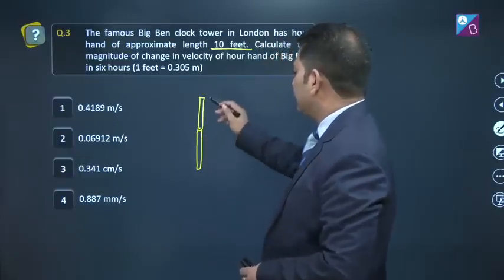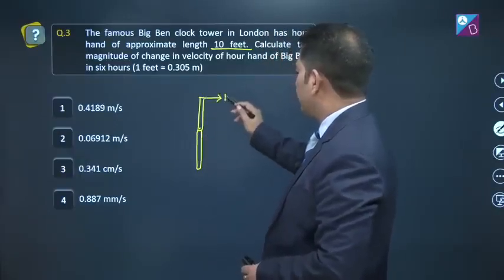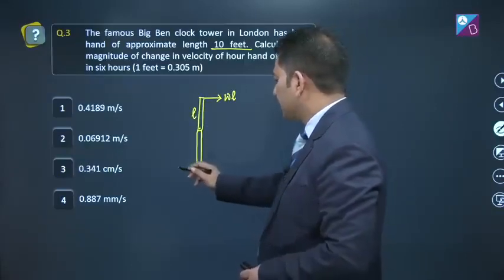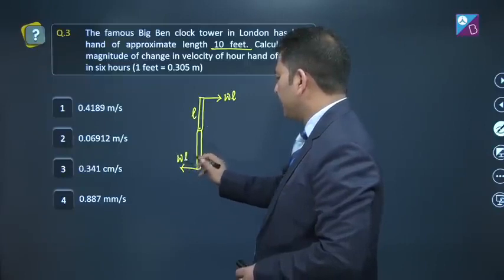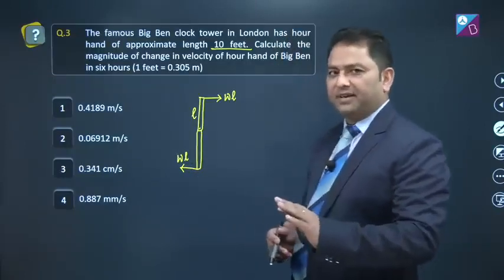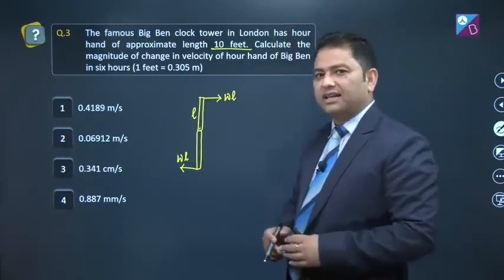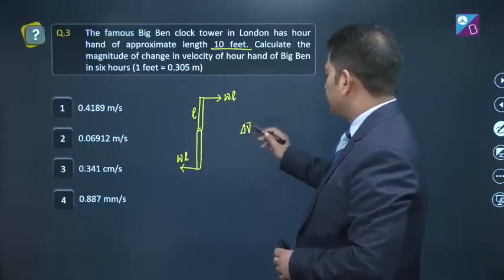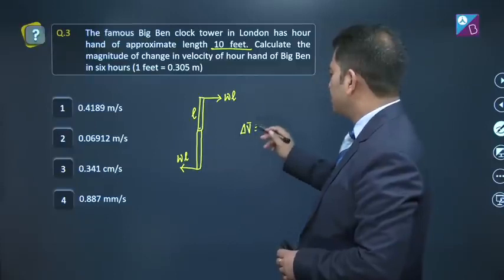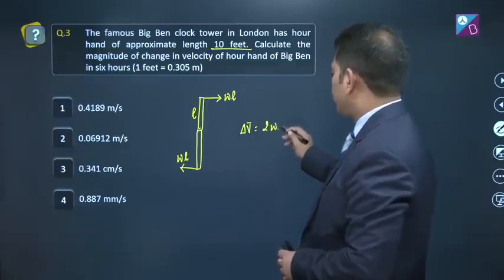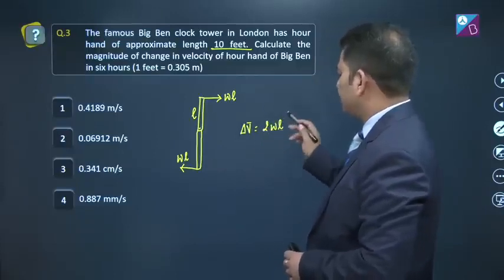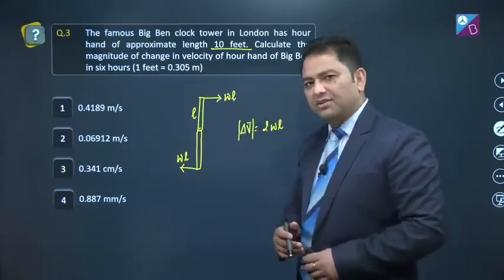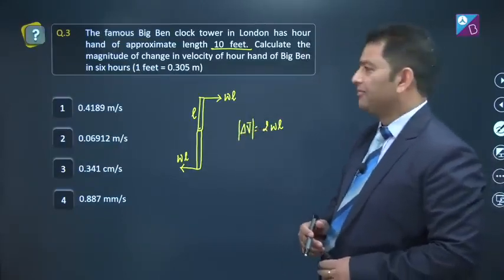Now here the speed is omega multiplied by L, where L is this length, और यहाँ पर omega multiplied by L. Speed same है, but direction opposite है. तो यहाँ पर change in velocity अगर देखोगे final minus initial, of course that will be 2 omega L, लेकिन change in velocity की direction भी होती है. So let's just focus on the magnitude जो question ने हमें पूछा है.